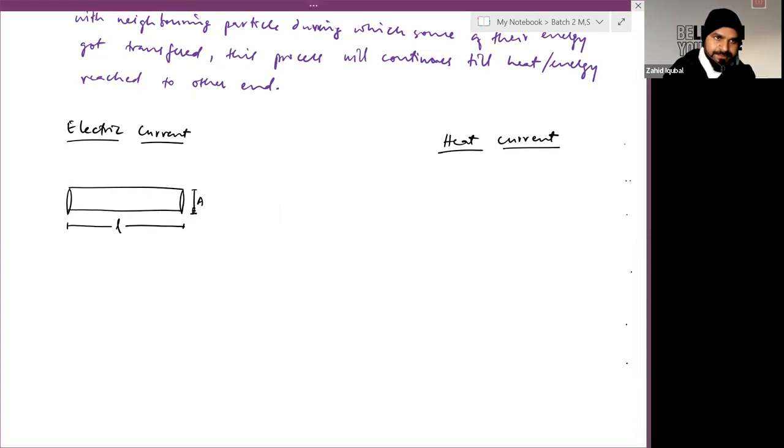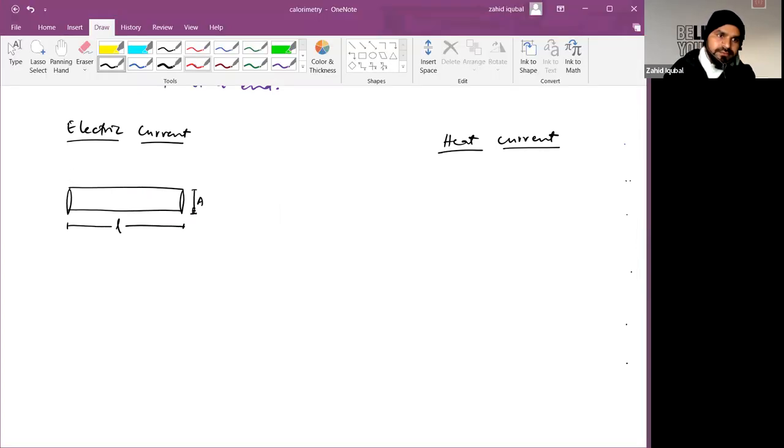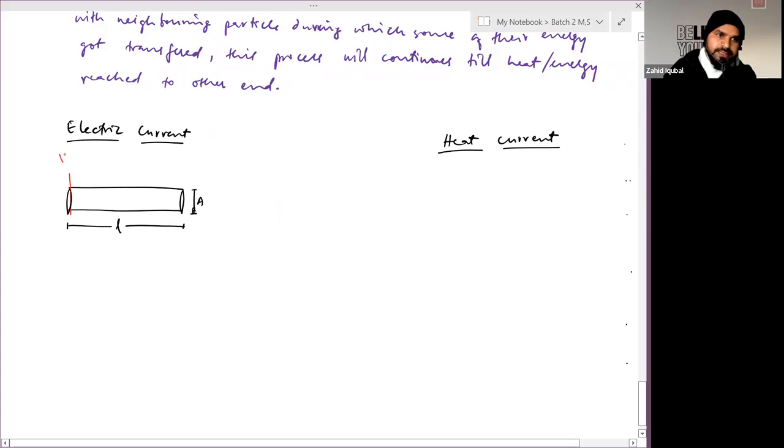Let's say this end is at some voltage V1 and this end at some voltage V2. So first we define potential difference, which is responsible for flow of charge through any particular conductor. Sakshi, is it clear?